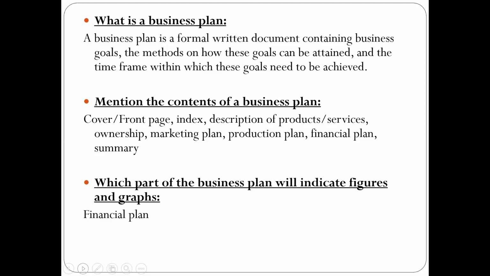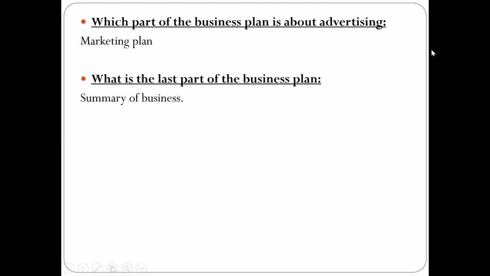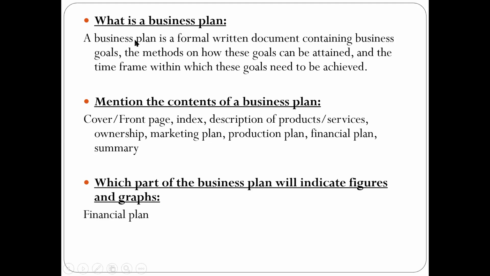Right, question 3. Which part of the business plan will indicate the figures and the graphs and all those things? Definitely that will be your financial plan for 1 mark. So question 3, your answer can only be financial plan, 1 mark there. Just to go back: question 1, 2 marks.